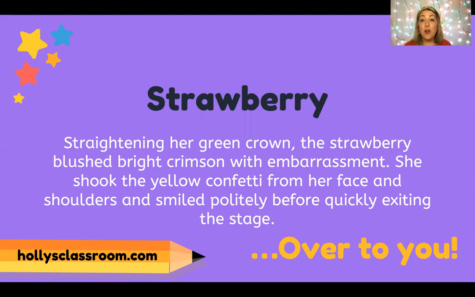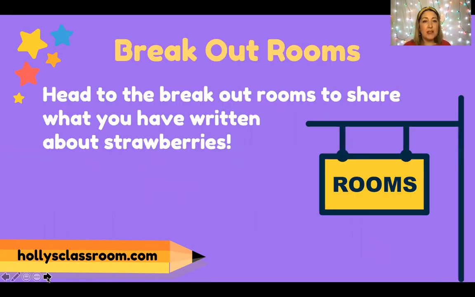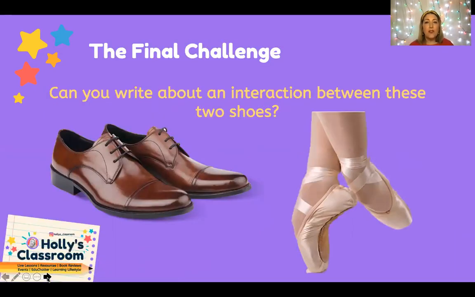Okay, right. Well, I would normally give you another chance to go into the breakout rooms, but I do appreciate that we've run over a little bit so far. So I'm going to skip the next breakout room and go straight to the final challenge. So can you write about an interaction between these two shoes? So at the end of every class, we have what I call the final challenge.